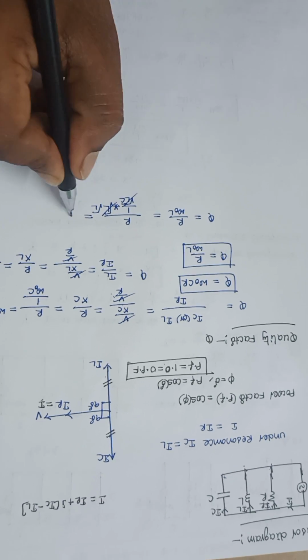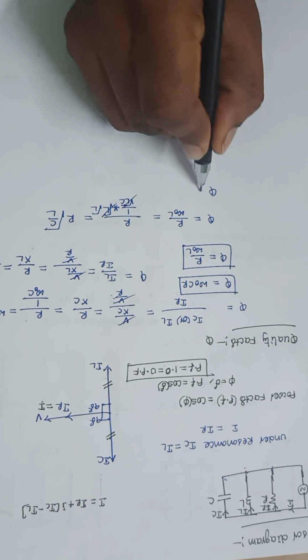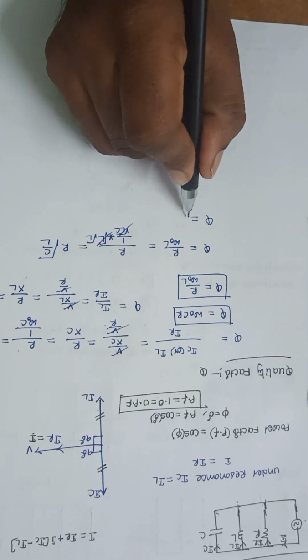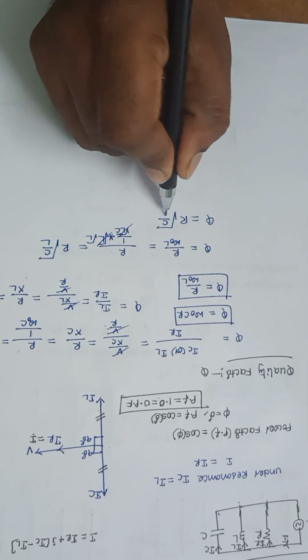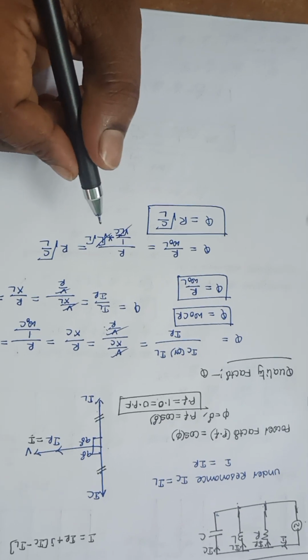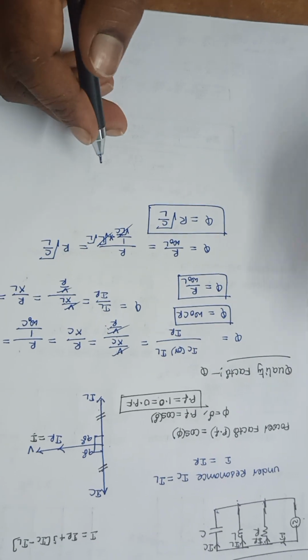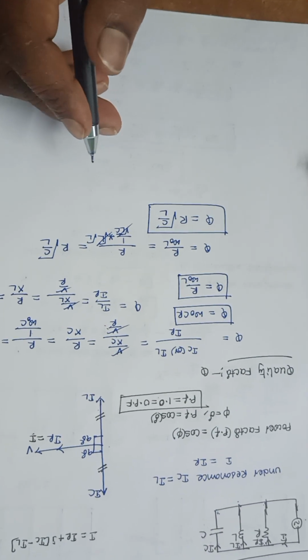So it is R into square root of C by L. The quality factor for the parallel RLC circuit is R into square root of C by L. But in case of a series resonance circuit, Q is equal to 1 by R into square root of L by C, just the reciprocal of this quality factor. Okay.